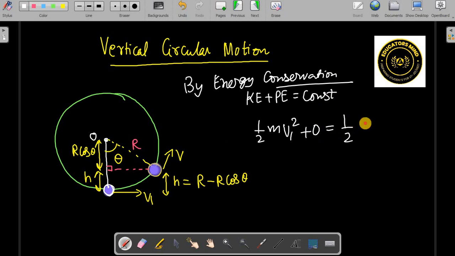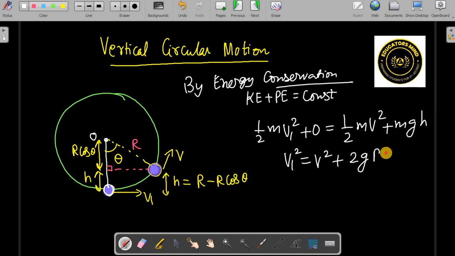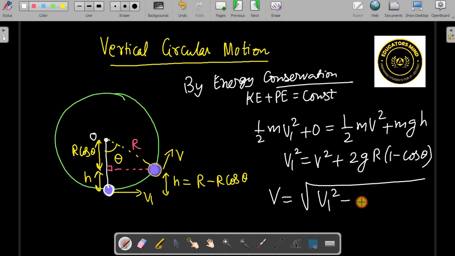Finally, kinetic energy half m v square, where v is the general speed, and potential energy mgh. Simplifying, v1 square will become v square plus 2gh, where h is r(1 minus cos theta). So v will become root under v1 square minus 2gr(1 minus cos theta).